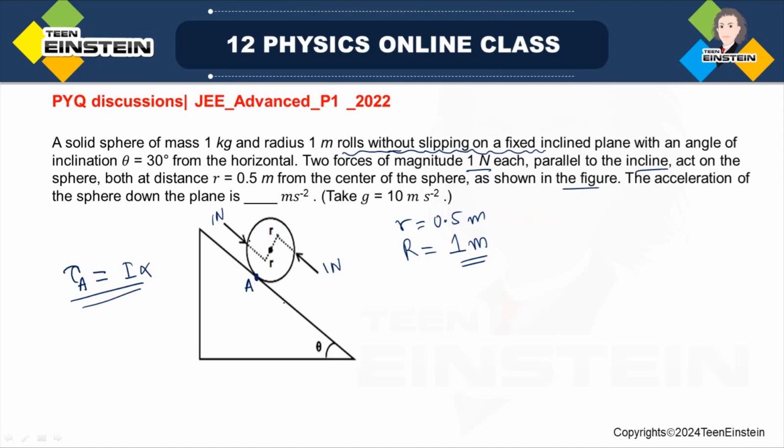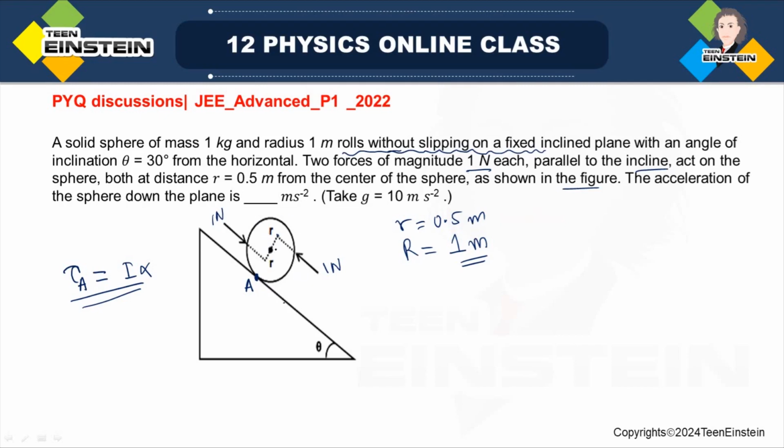To find out the torque acting on this sphere about an axis passing through this A point, because the sphere is rotating about the point of contact, or axis passing through the point of contact. So that is why we have to find out the torques acting on the sphere, because that is the cause of the rotation of the sphere.